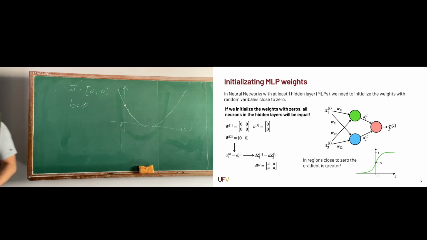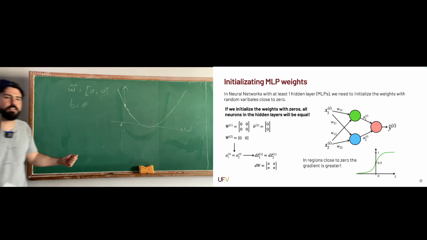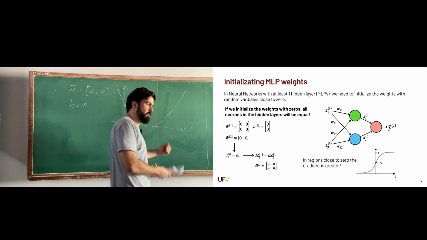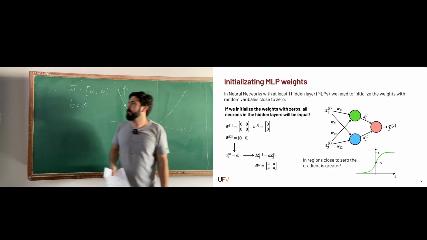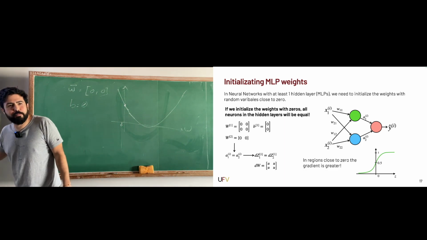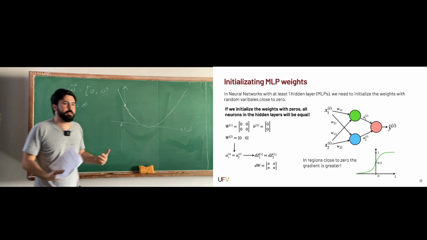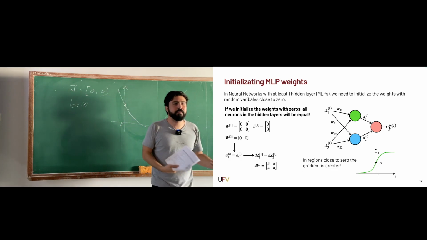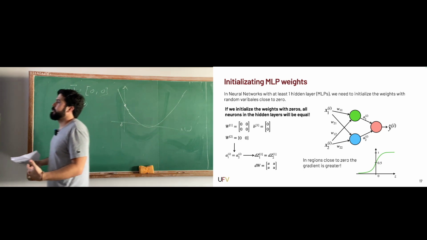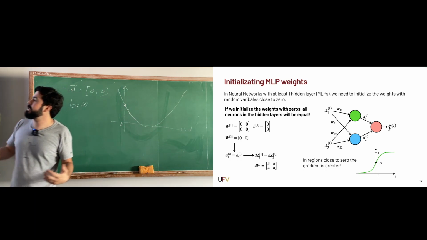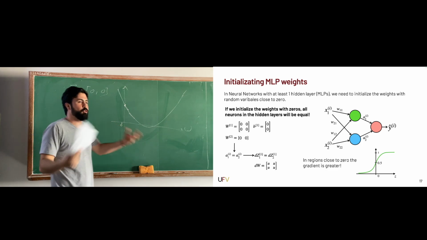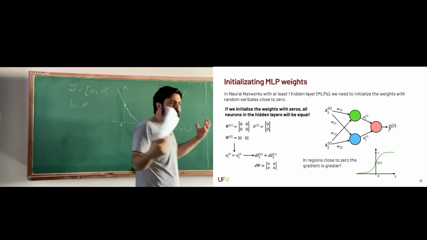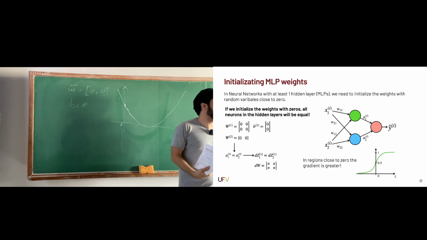That's what I'm showing here. The activation of the first neuron is going to be exactly the same as the activation of the second neuron. And then when I compute the gradients, they will be the same. So when I update the weights, the updated weights will be exactly the same as well. So you're going to end up learning two different neurons that do the same computation.